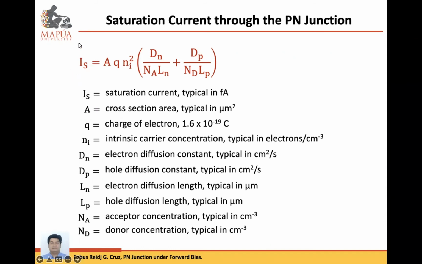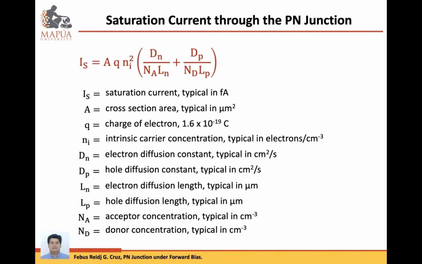Okay? The rest are actually physical parameters or physical characteristics of semiconductors, no? So medyo wala tayong magawa dyan, no? So you have Q and Ni, Dn, Dp. Those are characteristics, inherent characteristics of the semiconductors.